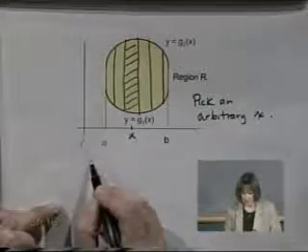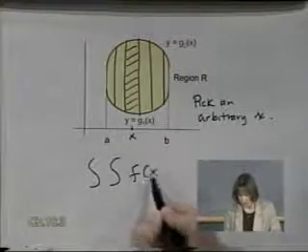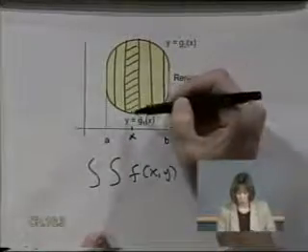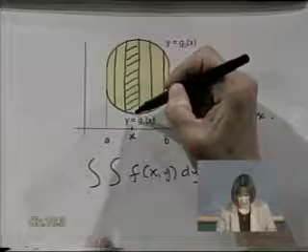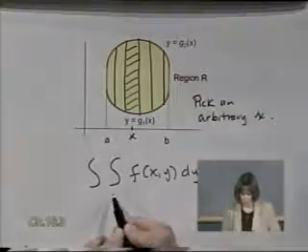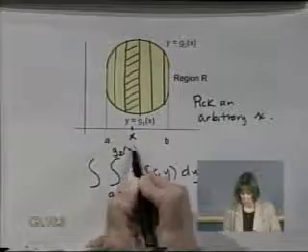And so my limits of integration here, for some function f of x, y: we're going to let y range from the lower bound to the upper bound. So y would be ranging from G1 of x to G2 of x.